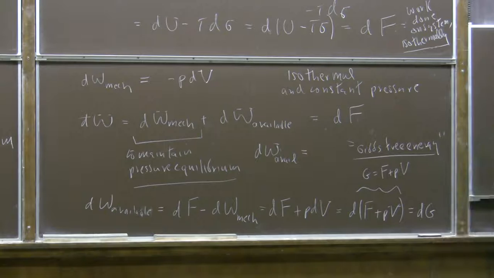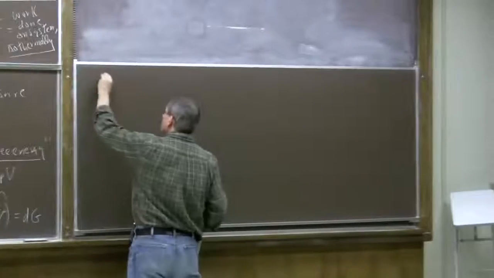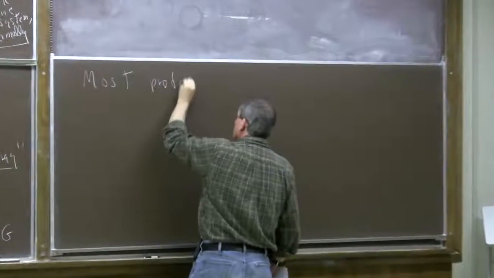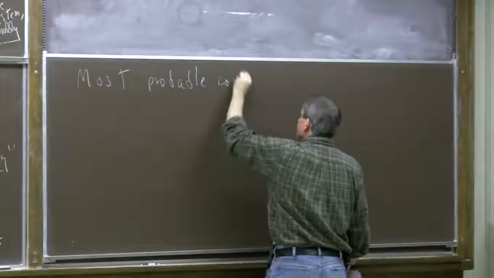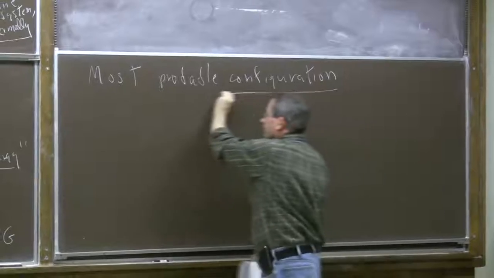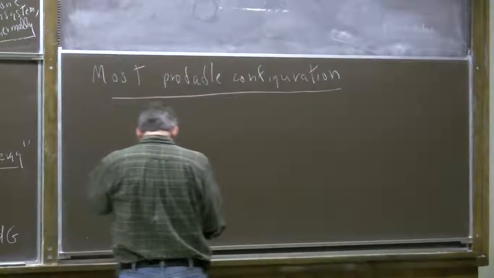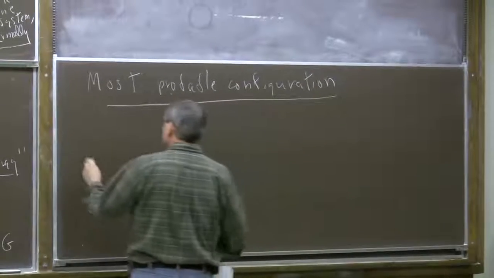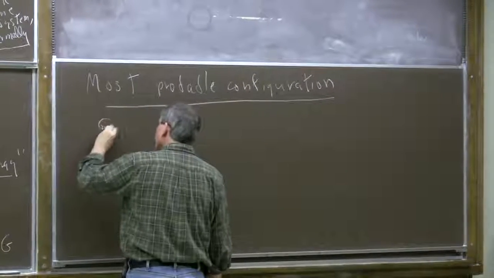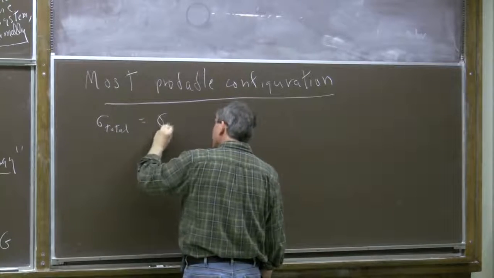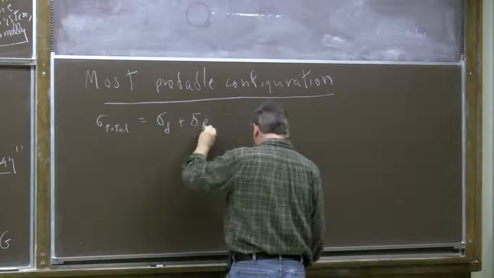So again, going back to the case previously considered of thermal contact, I'll remind you of that. When we bring the system into contact with the reservoir, it will seek the configuration with total entropy, the sum of system entropy and reservoir entropy.